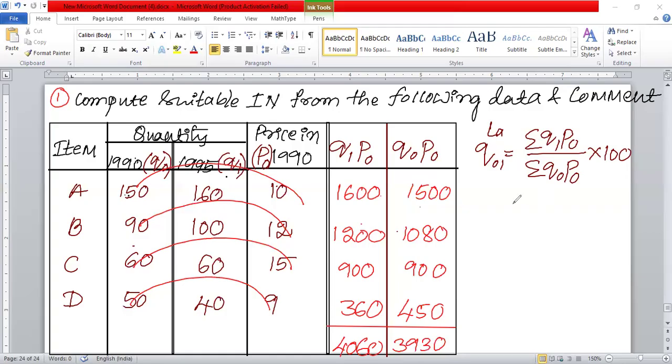3930. That is equal to 4060 divided by 3930 multiplied by 100. So by the last year's quantity formula, 4060 divided by 3930 into 100 is 103.30.